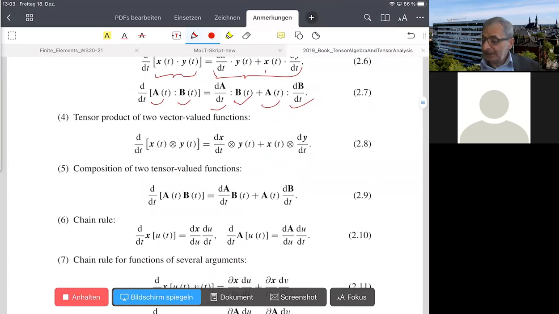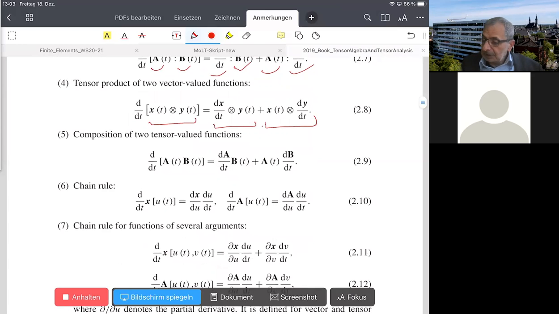Okay, tensor product, right? You remember this tensor product, x tensor product y, and again we can imagine that both of these vectors x and y are functions of this variable t, and if you take the derivative, again nothing spectacular here, dx dt tensor product y plus x at t tensor product dy dt, right? And then we defined also another operation, namely this composition of two second-order tensors.